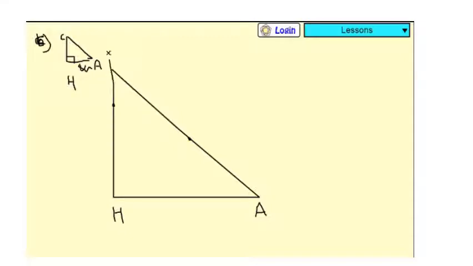So this one will be like this. So this is triangle CHA, which is right at H and A of measure 40 degrees. HA is 8 centimeters. Now I'm done.